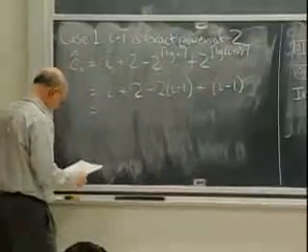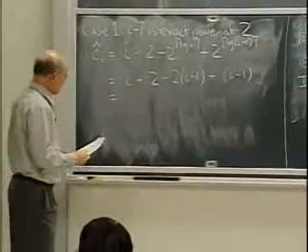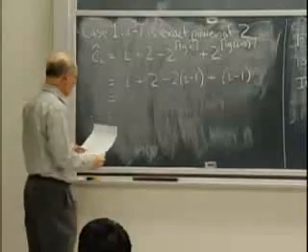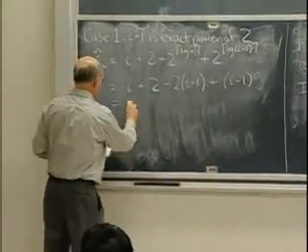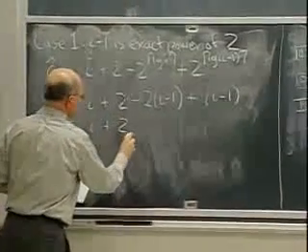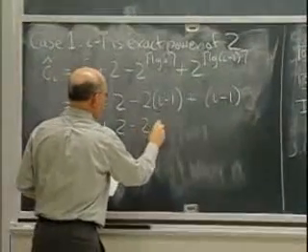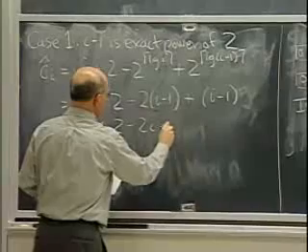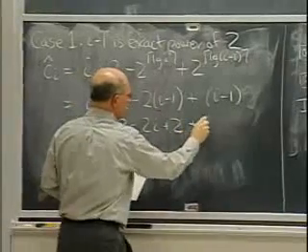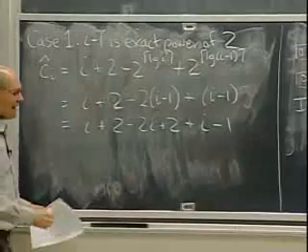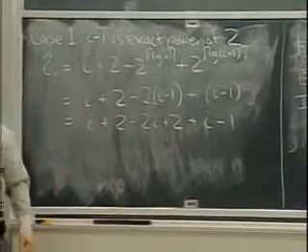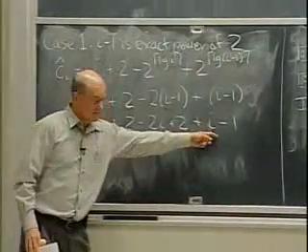Okay, so what do we have here? If I multiply this through, I have i plus 2 minus 2i plus 2 plus i minus 1. A lot of you, probably 90% of you, won't do this step.